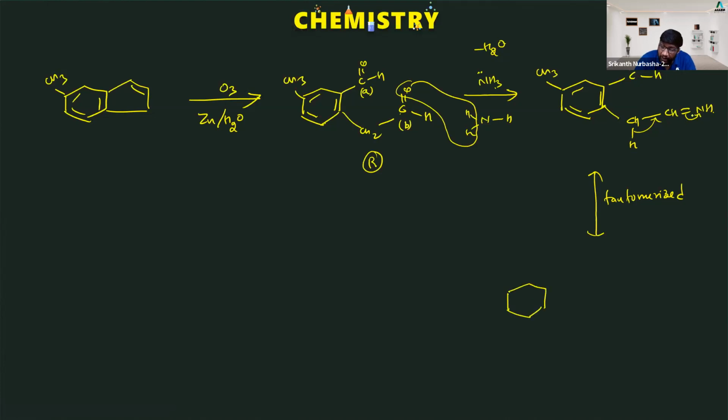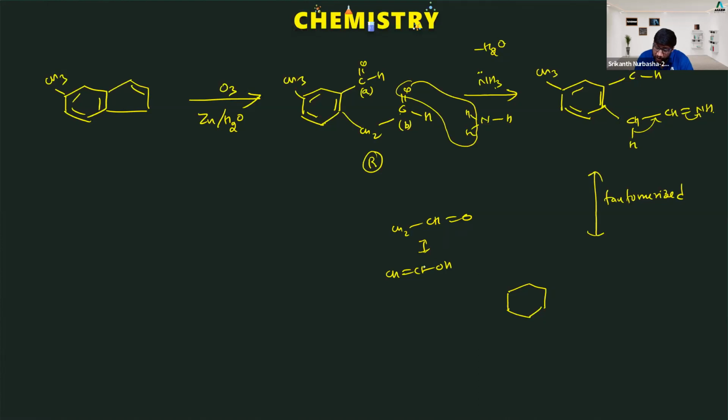Like here you have C=O, which you can write as C=C with OH. If I have CH2, CH=O, I'll write the respective tautomeric structure as CH=C with OH.